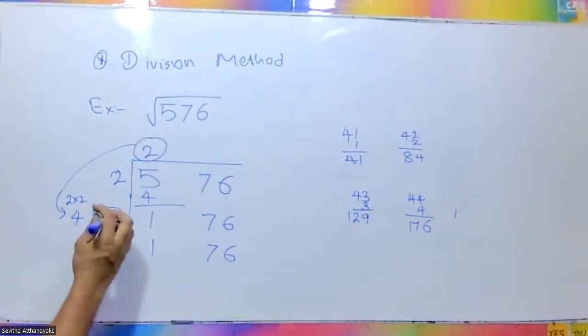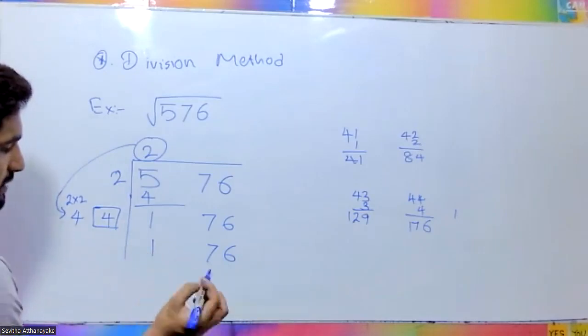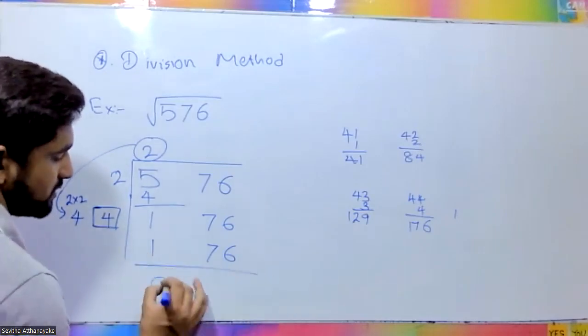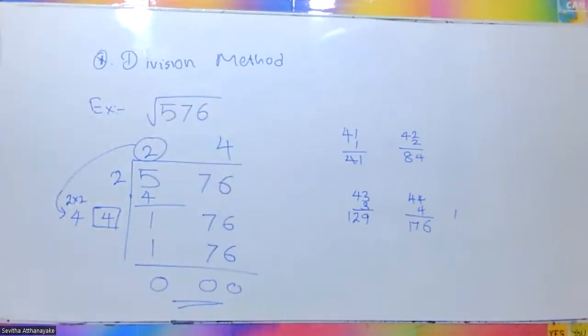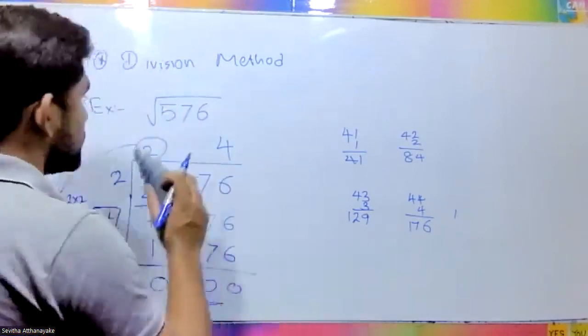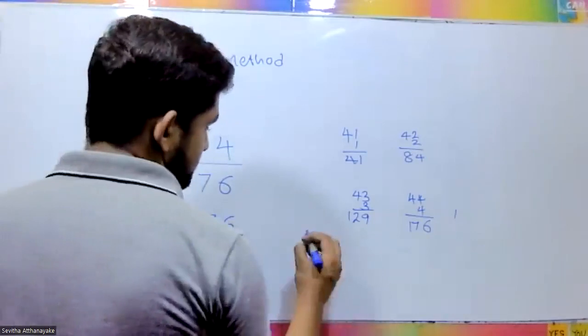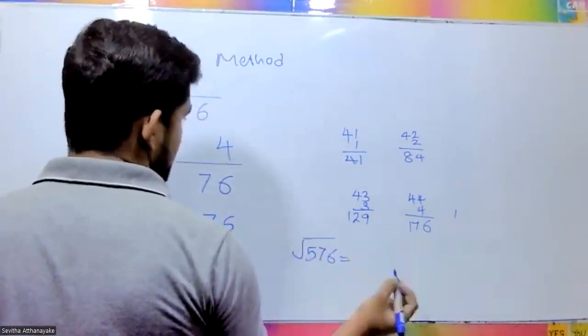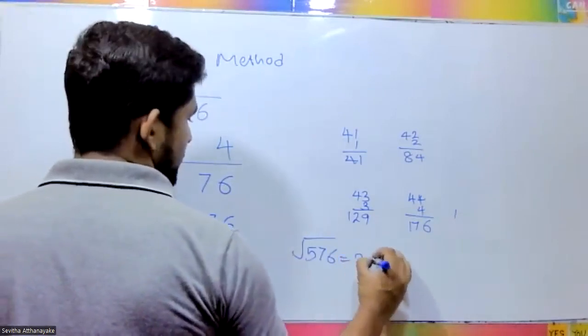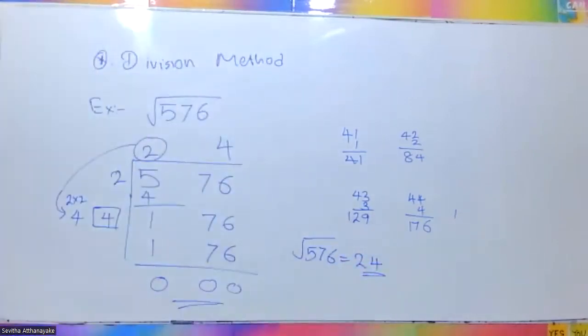Therefore we can get the number 4 here. No remainders. The root 576 is equal to 24. Write down this.